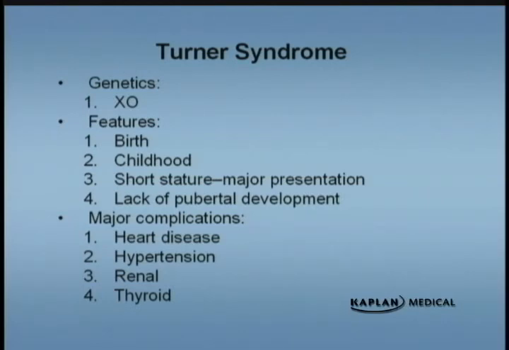And then once they reach towards puberty, they'll again have short stature and you will not see any of the secondary sex characteristics. Major complications, absolutely remember heart disease. They can have bicuspid aortic valve, and the other big one that you need to remember is coarctation of the aorta. And then as far as urologic complications, think of renal disease secondary to, for example, horseshoe kidneys. They also tend to have hypertension, and they can be hypothyroid.